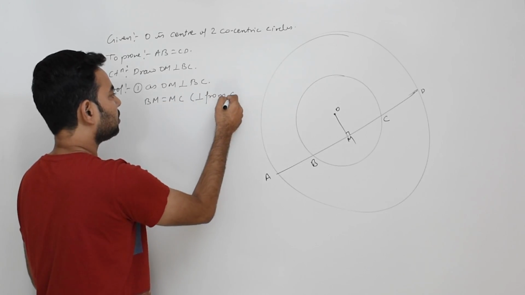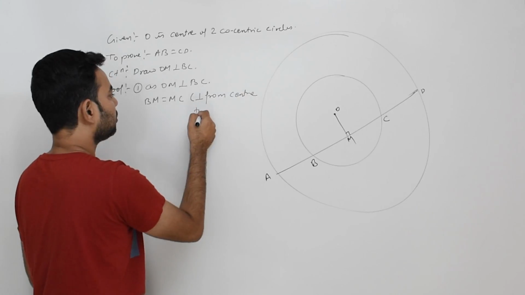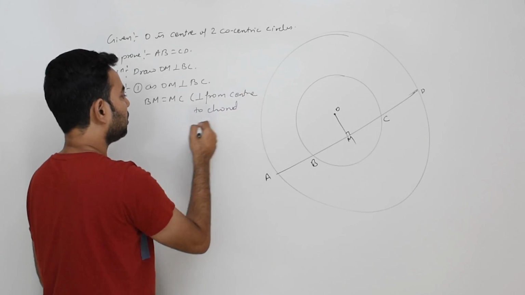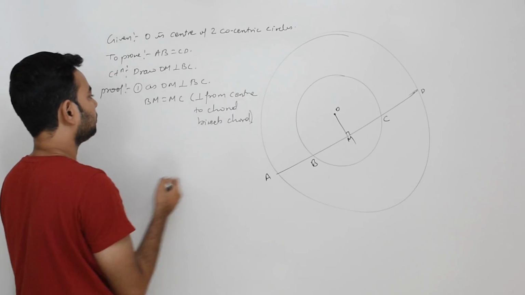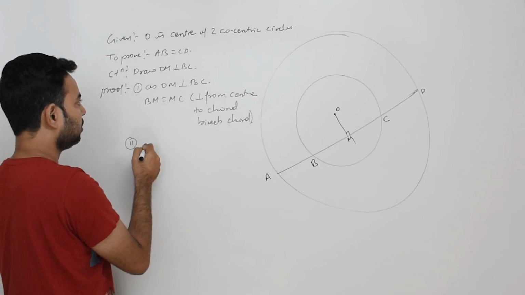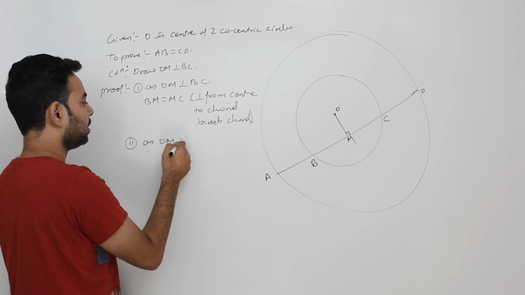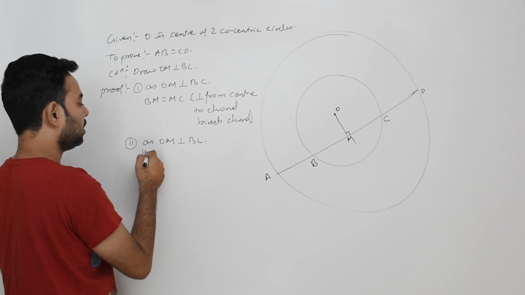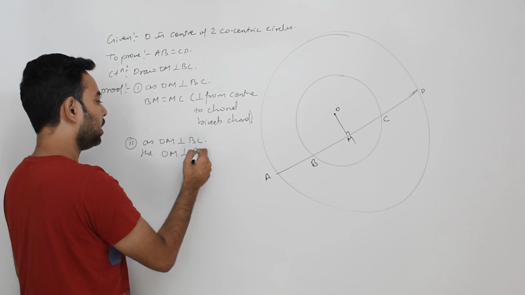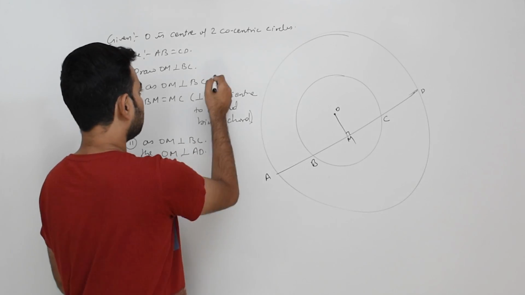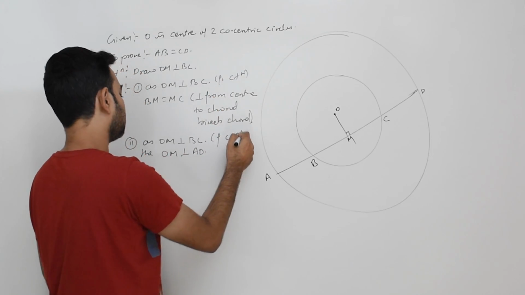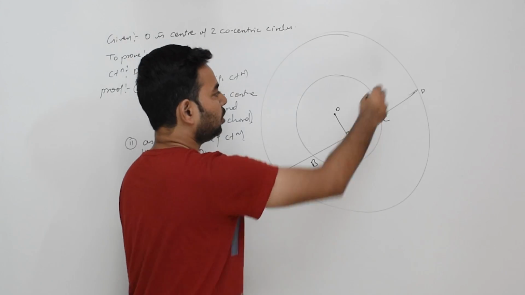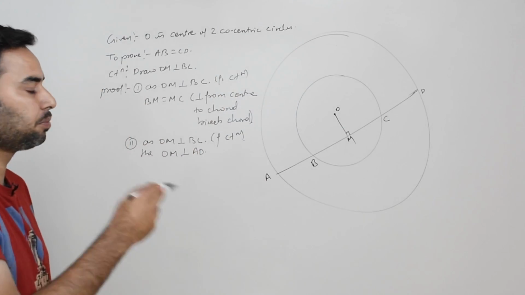Perpendicular from center to chord bisects chord. Second point में, as OM is perpendicular to BC, then OM is perpendicular to AD also. This is from construction. If OM is perpendicular to AD, then AD is a chord of the bigger circle.